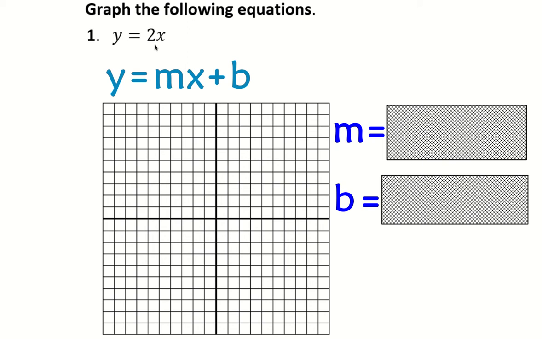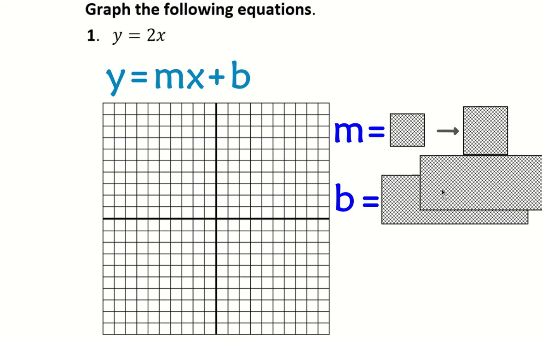Remember, as a general rule, to graph linear equations, the quickest way is probably to make sure it's in mx plus b form. So in this case, our m, which is always in front of the x, is 2.